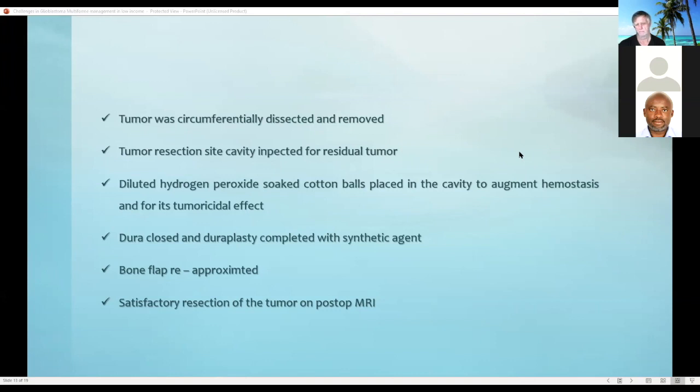After the surgery, we saw that almost 96% of the tumor was removed. Next slide, please.